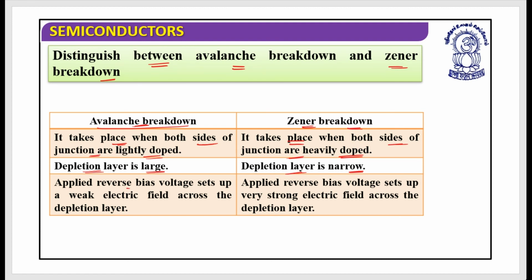In avalanche breakdown, the applied reverse bias voltage sets up a weak electric field across the depletion layer, while in Zener breakdown it sets up a very strong electric field across the depletion layer.